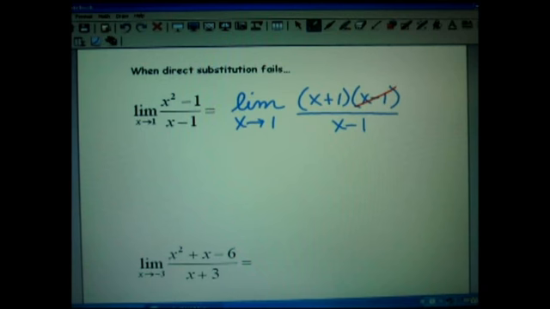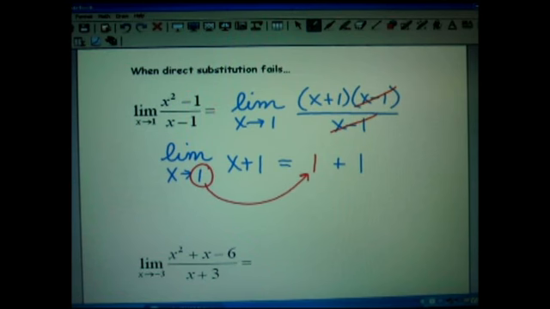And then I can cancel. And so now I'm looking at the limit as x approaches 1 of x plus 1, which I can write as a direct substitution, right? So now if I plug in that 1, my answer is 2, nothing undefined.